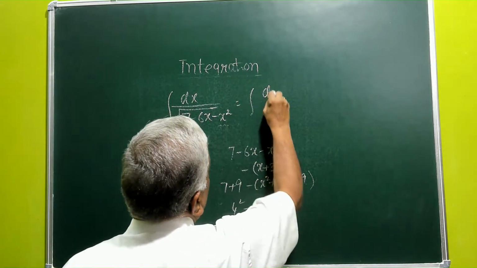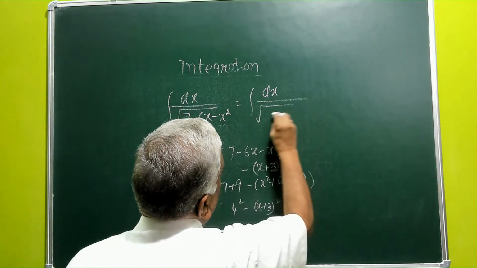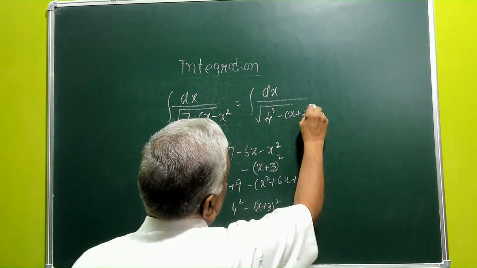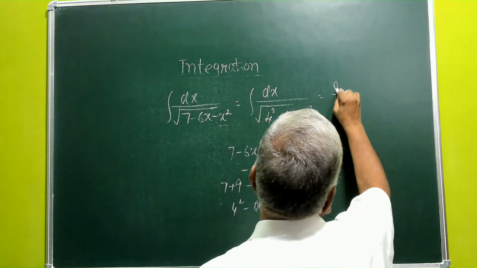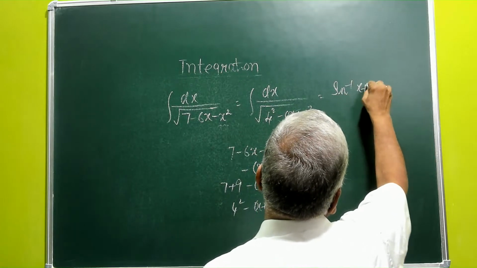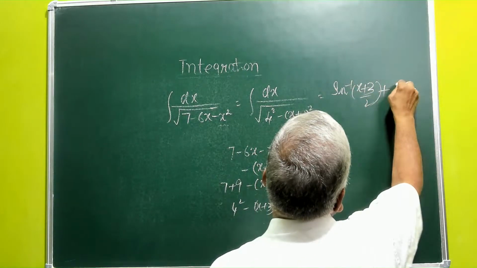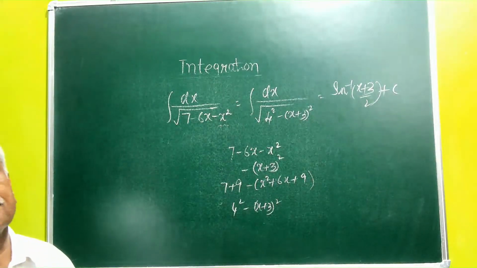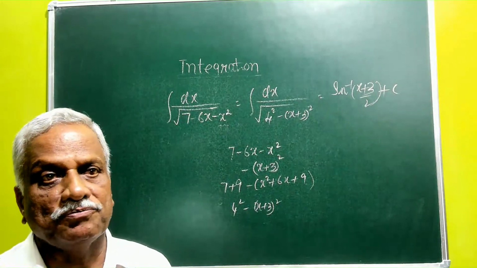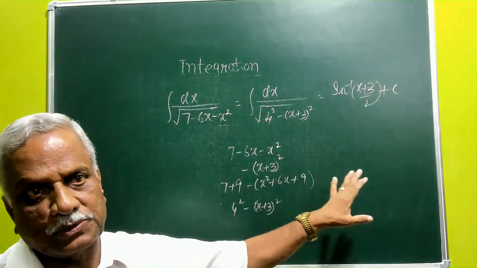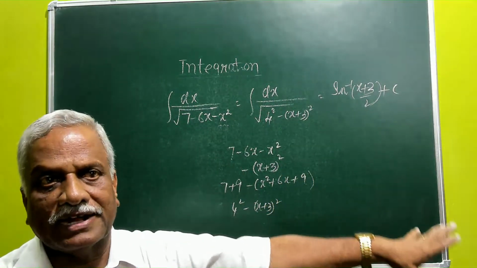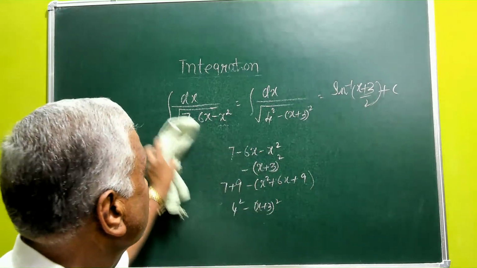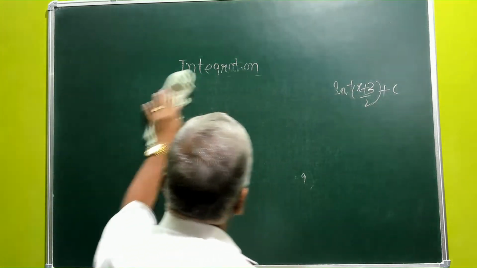So dx over square root of 4 square minus x plus 3 whole square is equal to, directly, if you take the answer, x plus 3 by 2. In the completing square method, normally they give very simple problems. Always look at the first two terms, write that, and whatever extra term is there, you subtract that. Then you can simplify, and it's very easy. Let's go further.